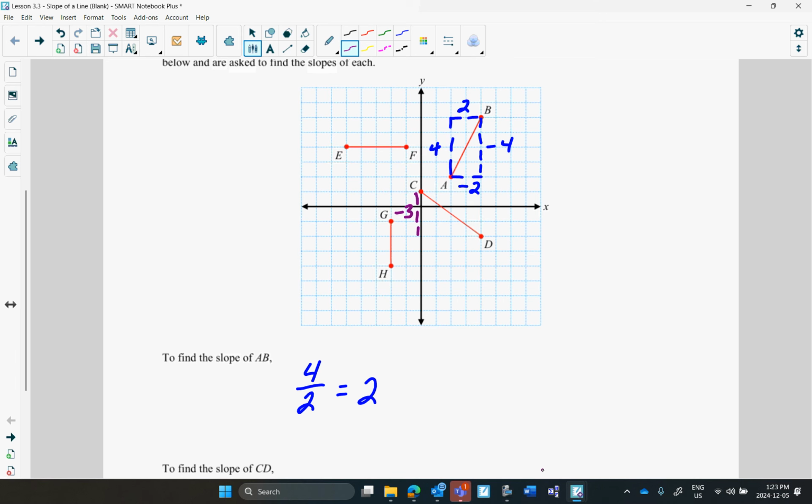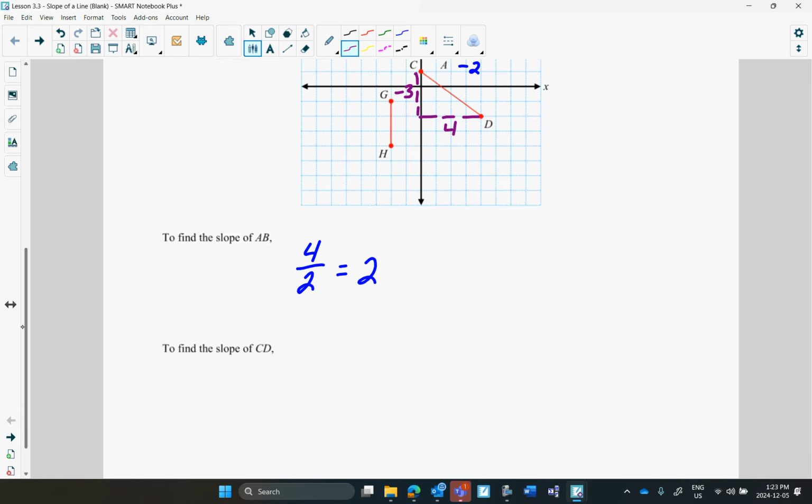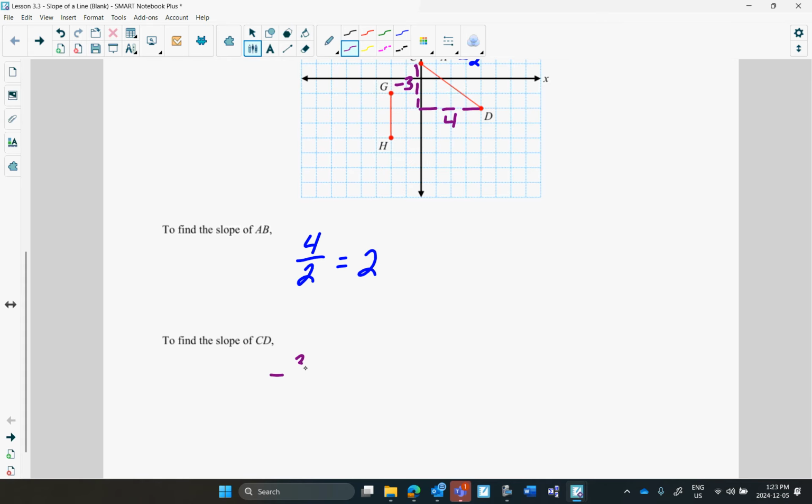How much do I move to finally get to D? And is it positive or negative? Positive 4. So its slope would be -3 over +4.